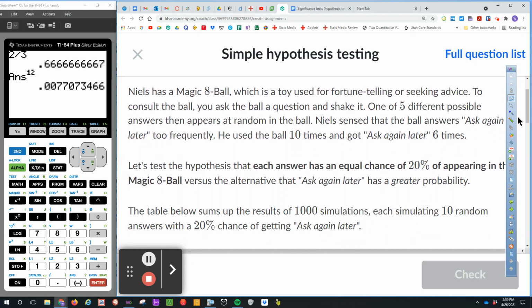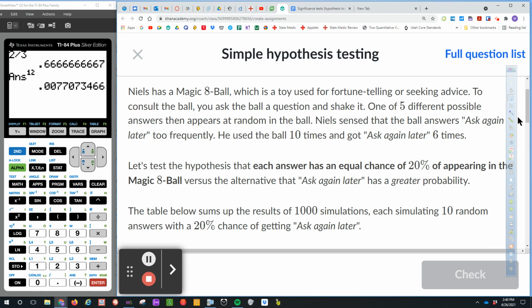So Neil has a magic 8 ball, which is a toy used for fortune telling or seeking advice. To consult the ball, you ask the ball a question and shake it. One of 5 different possible answers then appears at random in the ball. Neil sensed that the ball answers "ask again later" too frequently.